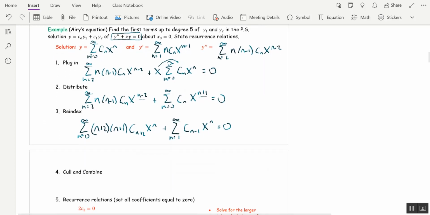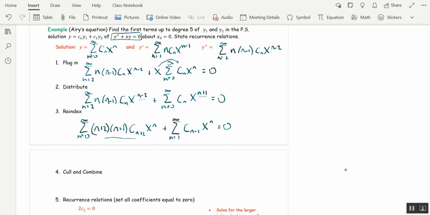Okay, and then cull and combine. So in the last lecture notes, I culled separately and then I combined, but I think you can all do this pretty much in your head. We need to take out the 0 term from this guy, so it starts at 1, and then we can add.